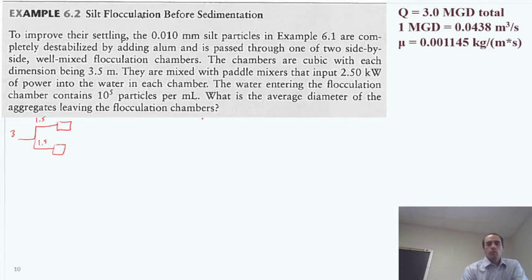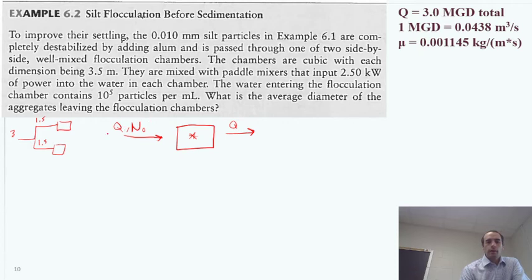So we can stop and think about just one system, one reactor that has a known flow rate Q and an N naught, and it's going to have Q flowing out.